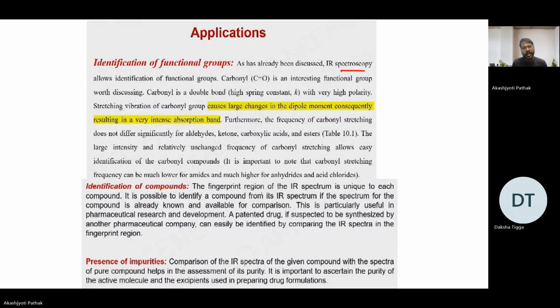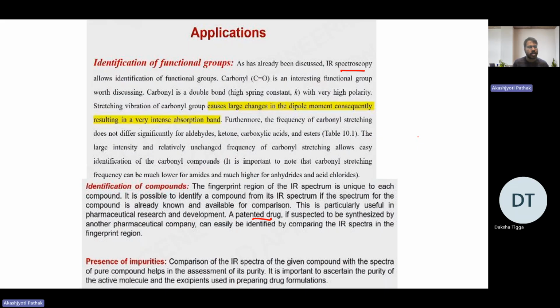The fingerprint region of the IR spectrum is unique to each compound, and this can be utilized for identifying a compound. So a patented drug, if suspected to be synthesized by another pharmaceutical company, can be easily identified by comparing the IR spectra in the fingerprint region. What drug companies do is that they change the excipient, they change the composition.